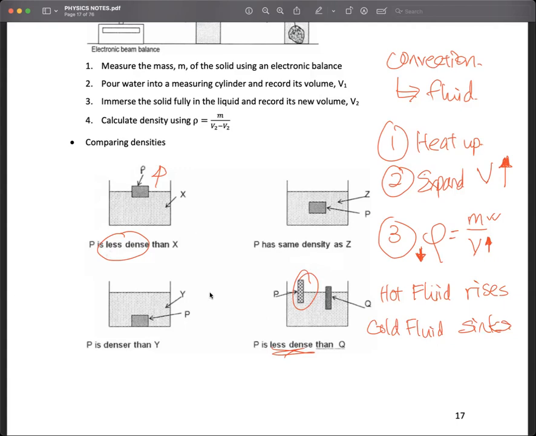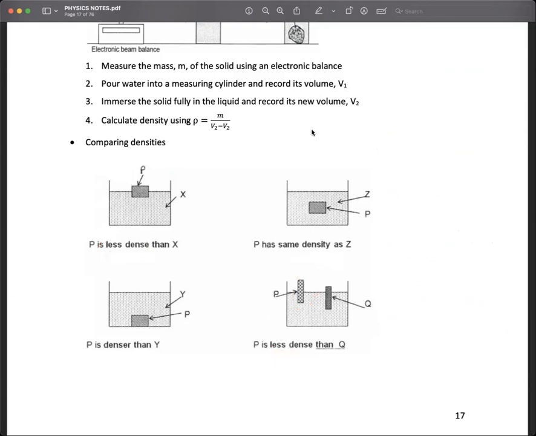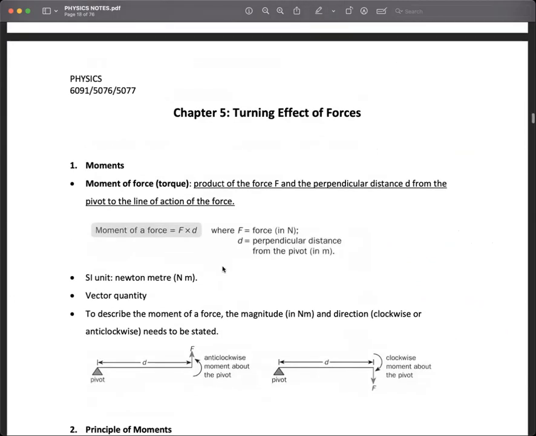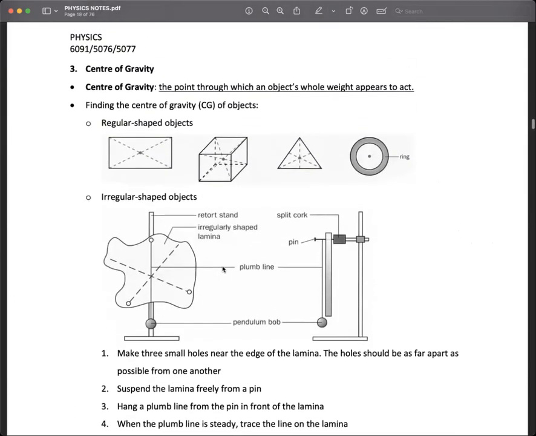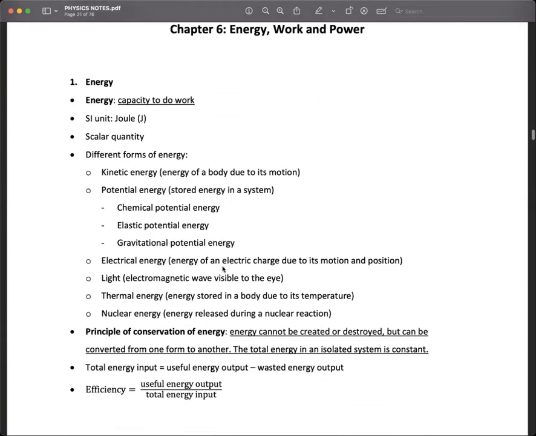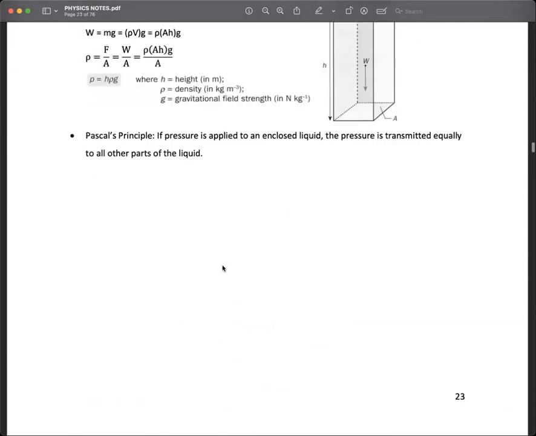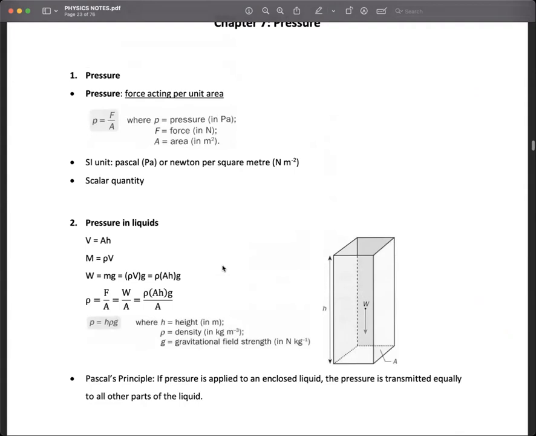If it's more dense, it will sink. Is that clear? Okay so far? Any question for me? Okay, let's go into pressure.